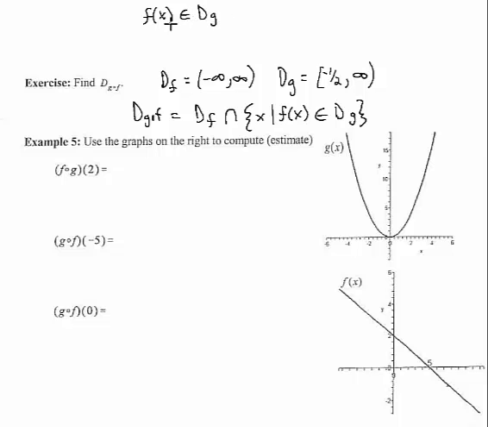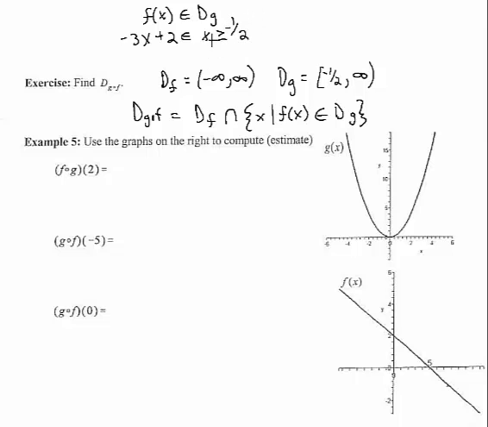Okay, what is f of x? Well, it's negative 3x plus 2. Well, what is the domain of g? Well, we want whatever this is to be inside of x greater than or equal to negative 1/2.